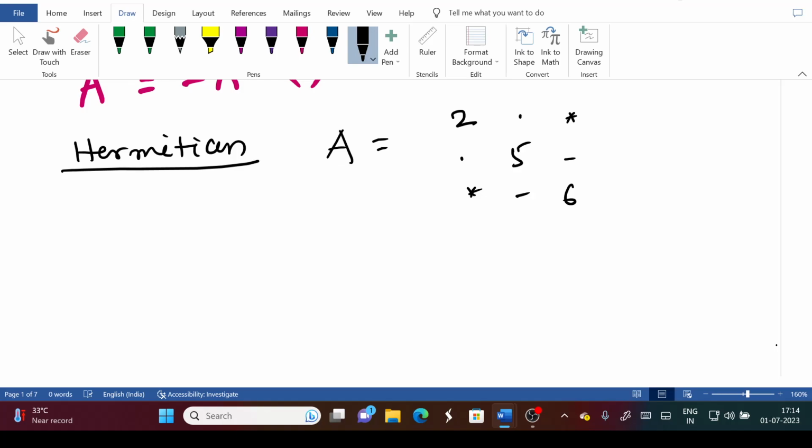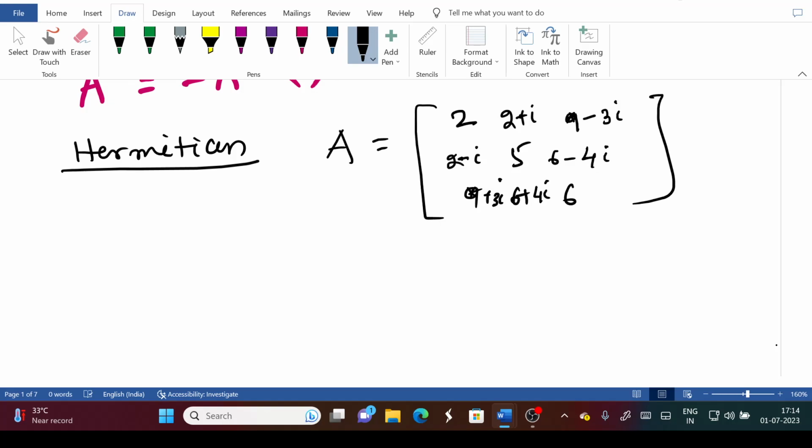That means, for example, it is 2 plus i, 2 minus i, 9 minus 3i, 9 plus 3i, 6 minus 4i, 6 plus 4i. So this is my example of a Hermitian matrix.